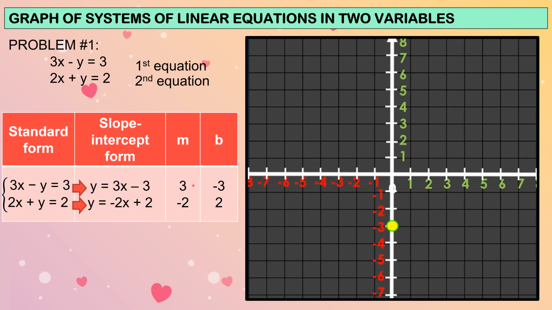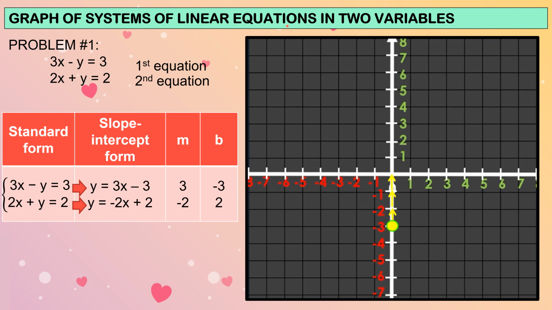So, we are going to rise 3 times. Okay? So, 1, 2, 3. Sabi ko nga kanina, for every whole number, it has a denominator 1. Therefore, yung ating run dito is 1.